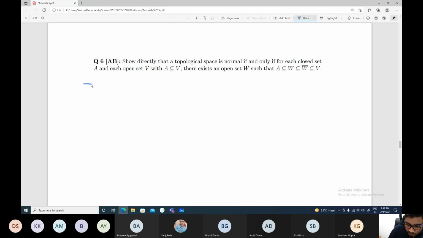So let's first prove the forward part. Or you can treat it as a theorem.